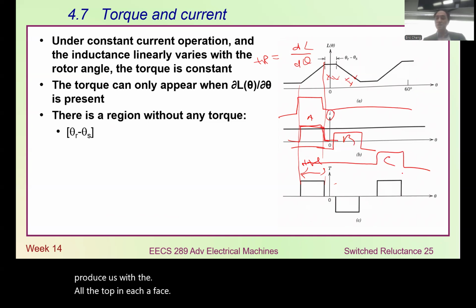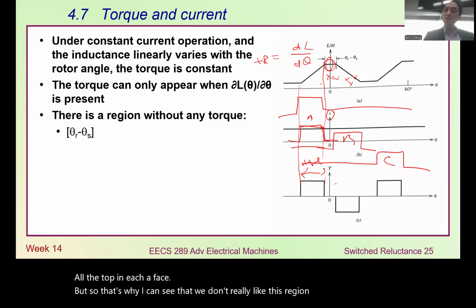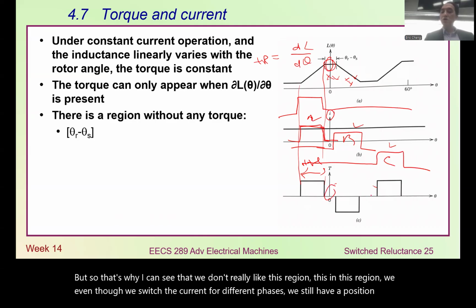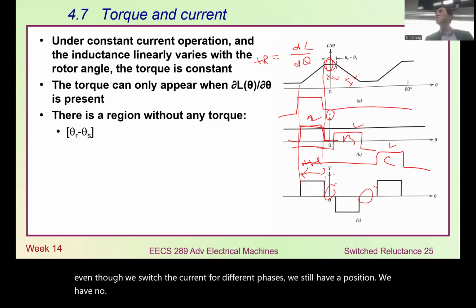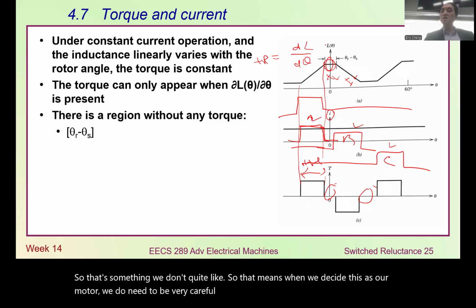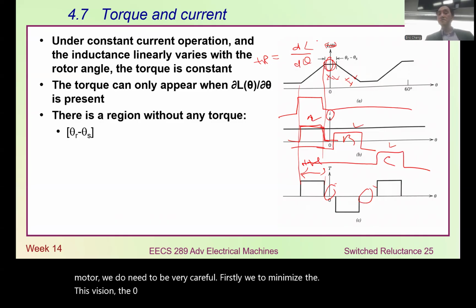But that's why you can see that we don't really like this region. In this region, even though we switch the current for different phases, we still have no torque. So that's something we don't quite like. That means when we design this SR motor, we do need to be very careful. Firstly, we need to minimize this region, the zero inductance variation region.